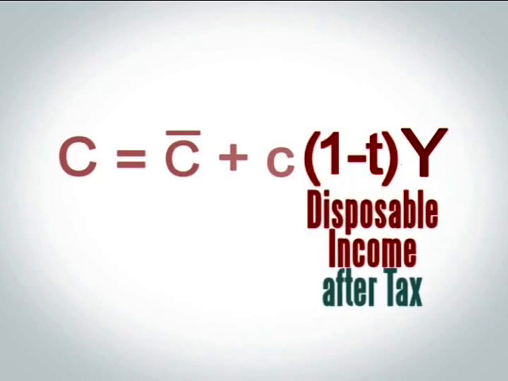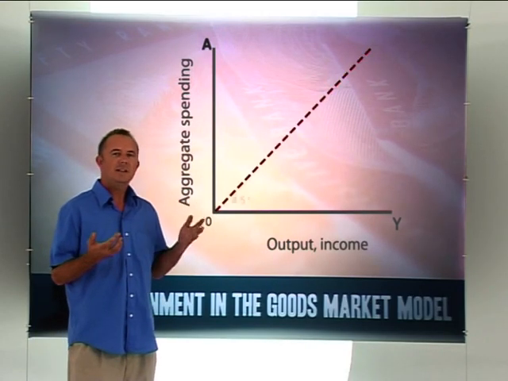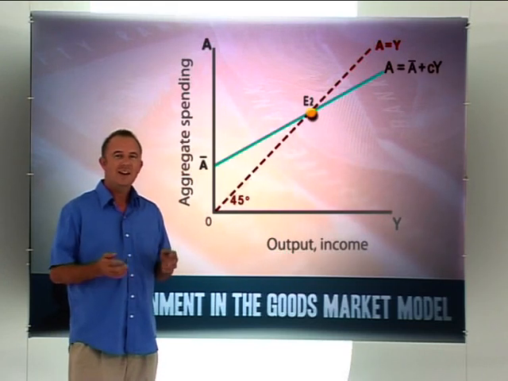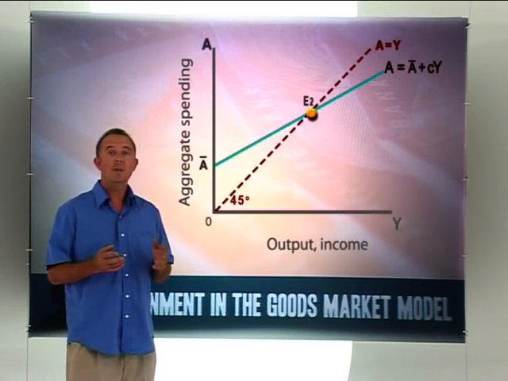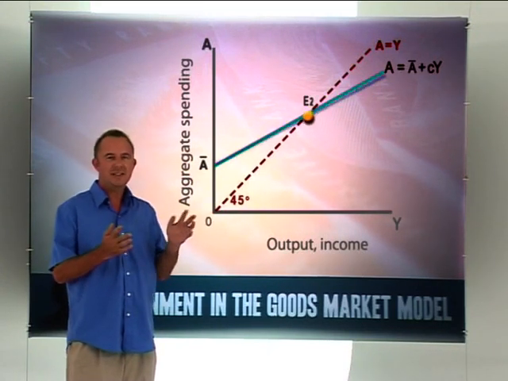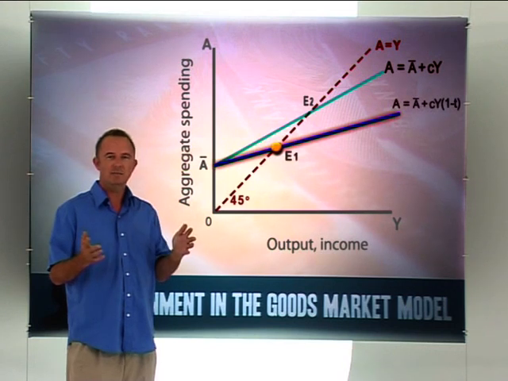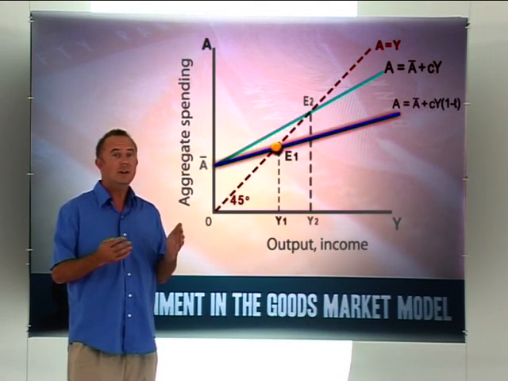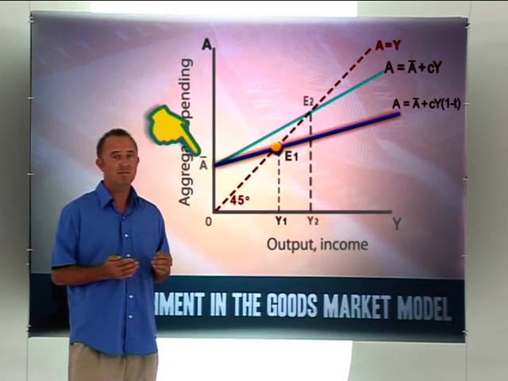We now have less for consumption spending. Now, graphically, this is indicated by a change in the slope of the consumption curve. At every level of output and income, less is now being spent on consumption, so the curve tilts downwards and becomes flatter. The autonomous part of spending is unchanged, so the vertical intercept does not change either.